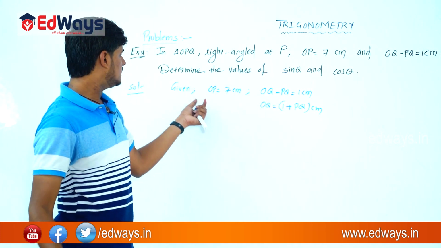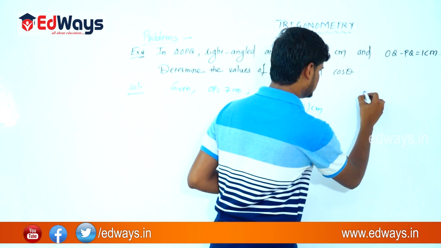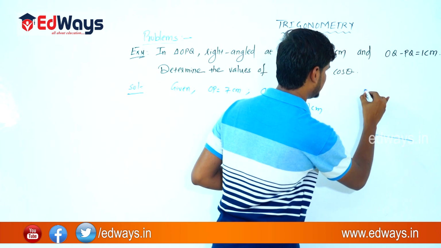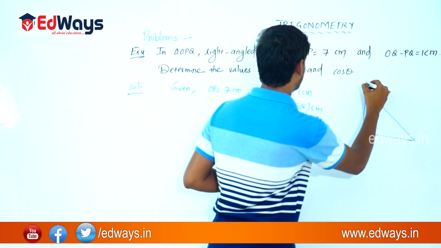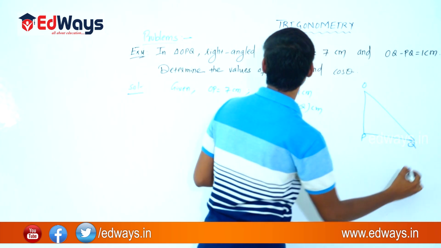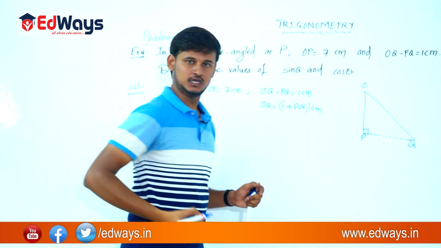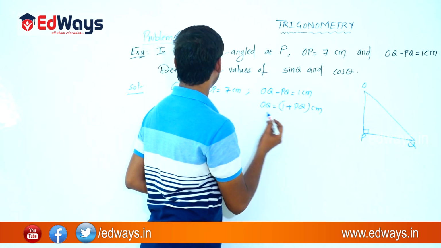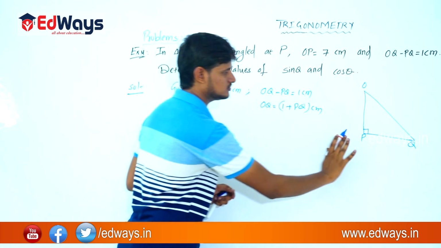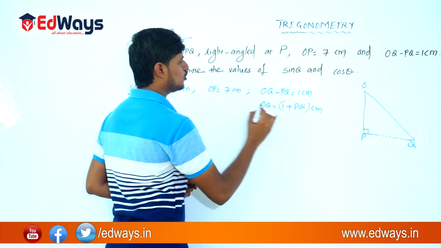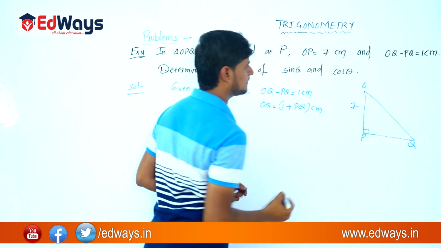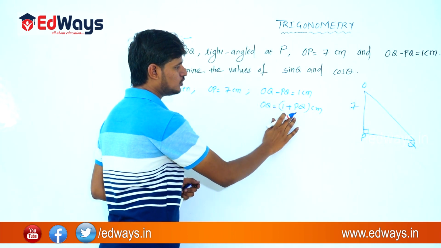Now let us take a right angle triangle OPQ. They said it is right angled at P, so I took the right angle at P. OP is 7 centimeters and OQ is equal to 1 plus PQ.